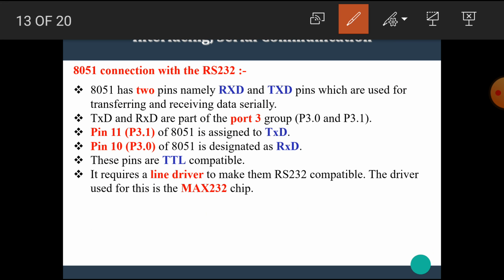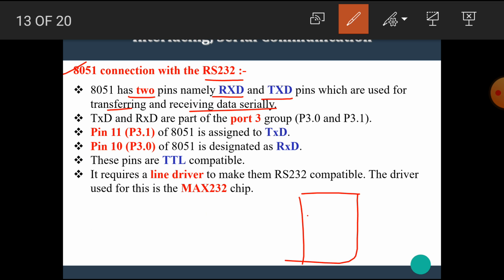Now let's see the important topic here, the 8051 connection with the RS-232. We know that the RS-232 has two pins, namely RxD and TxD pins, which are used for transferring and receiving data serially.